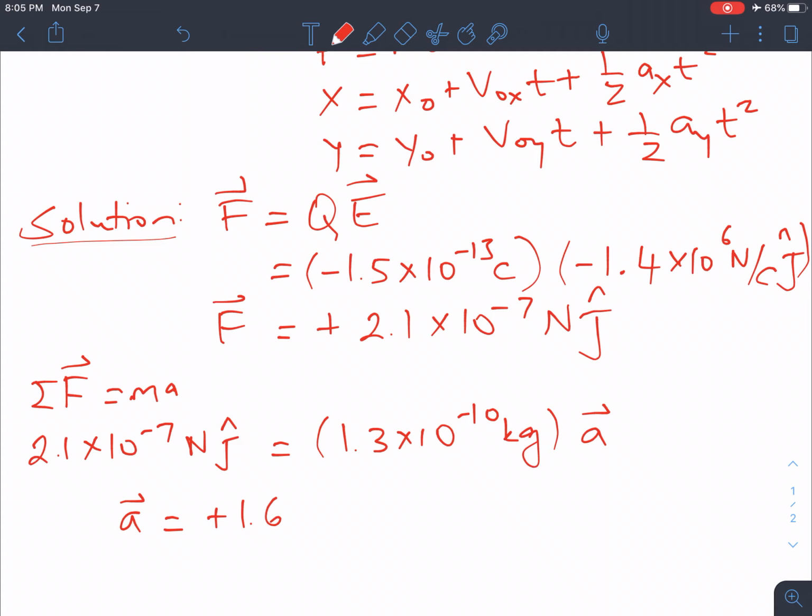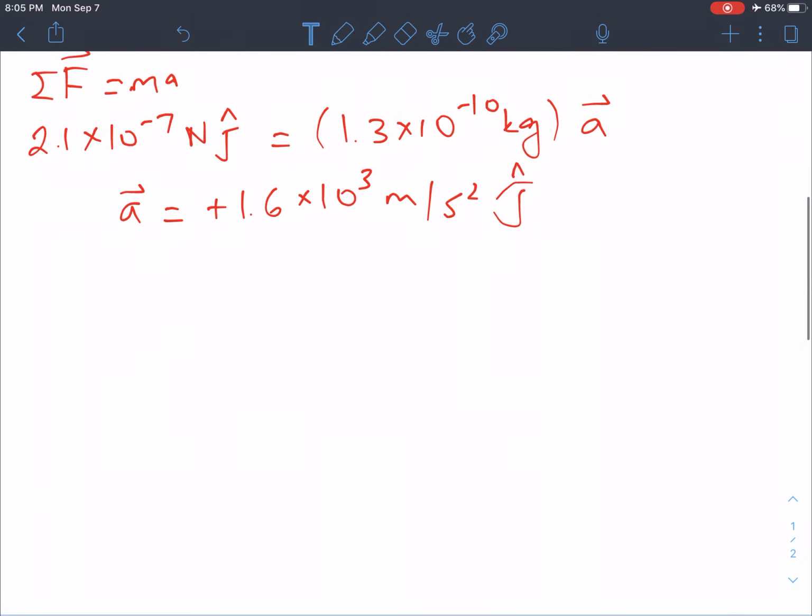Since this is a vector equation, with the vector notation on one side and the unit vectors on the other side, I'm getting the vector right away. And this is positive 1.6 times 10 to the 3 meters per second squared, again J hat, they are consistent. And this is the acceleration. Again, we're trying to get to the position. So next is applying our step-by-step process. If you recall it from mechanics, we're trying to get y.